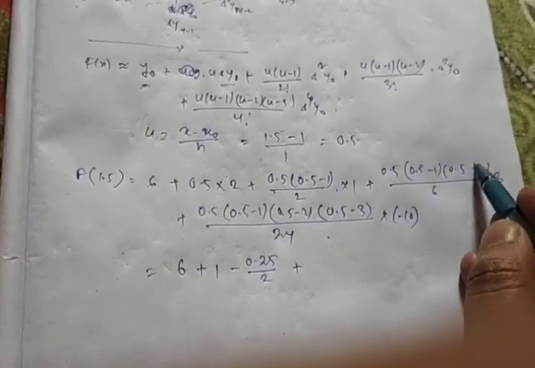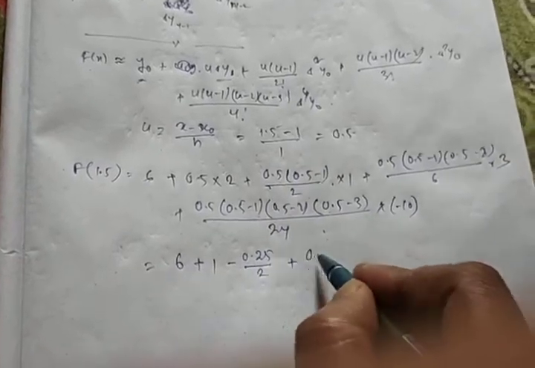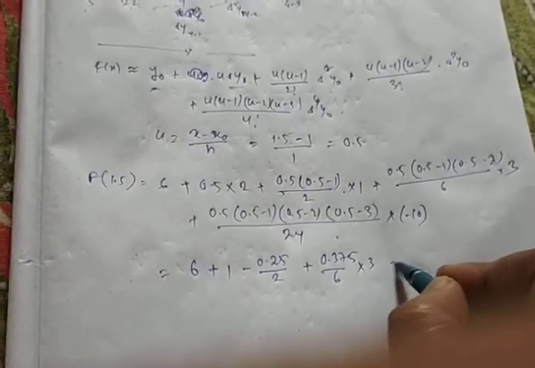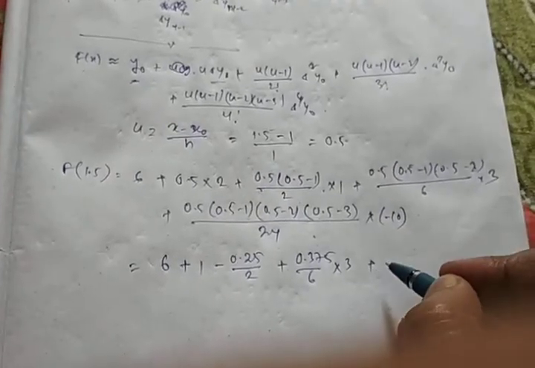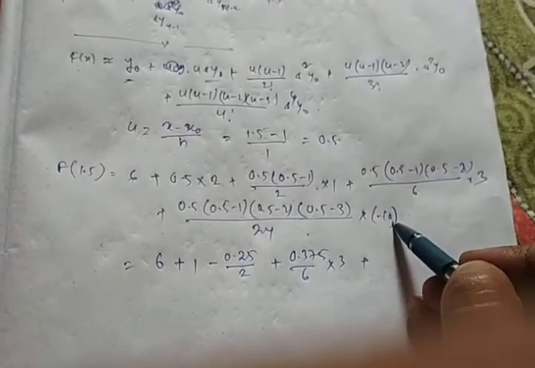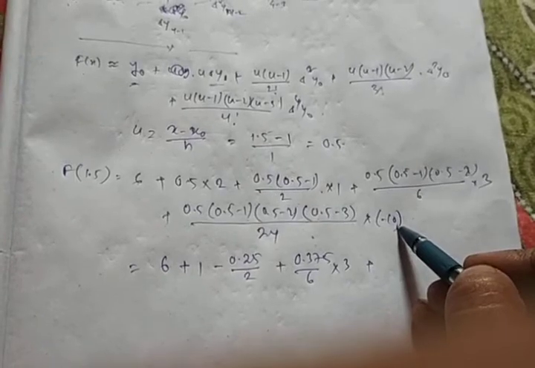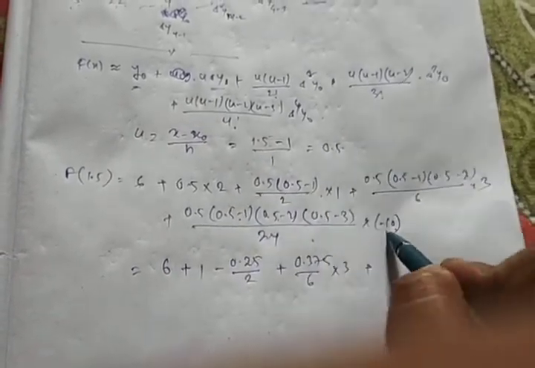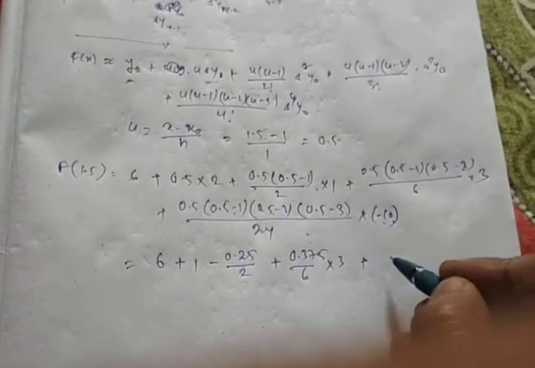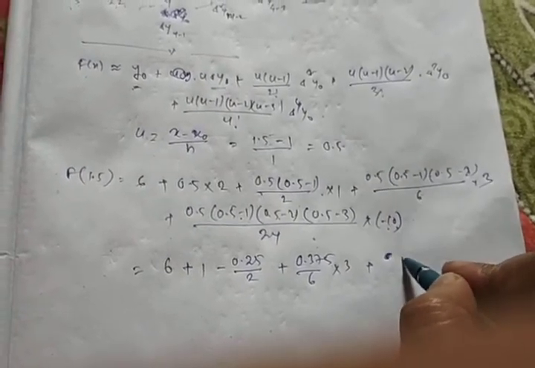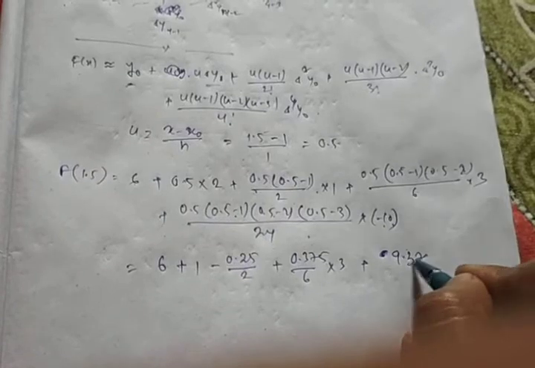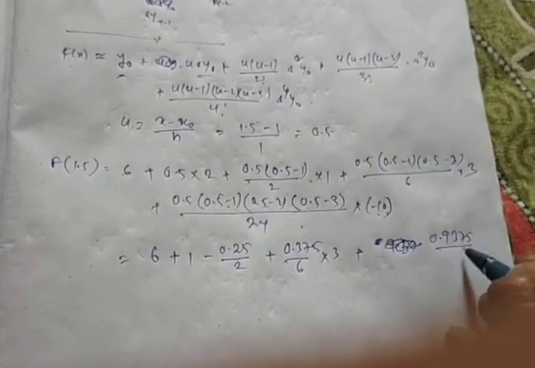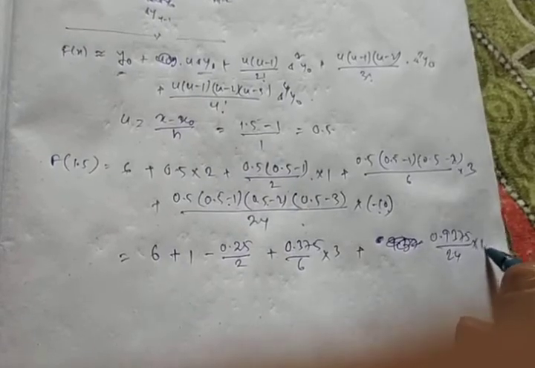Okay, total will be 0.375 divided by 6 into 3, plus this will be 0.9375, and minus and also minus, so plus, 0.9375 divided by 24 into 10.